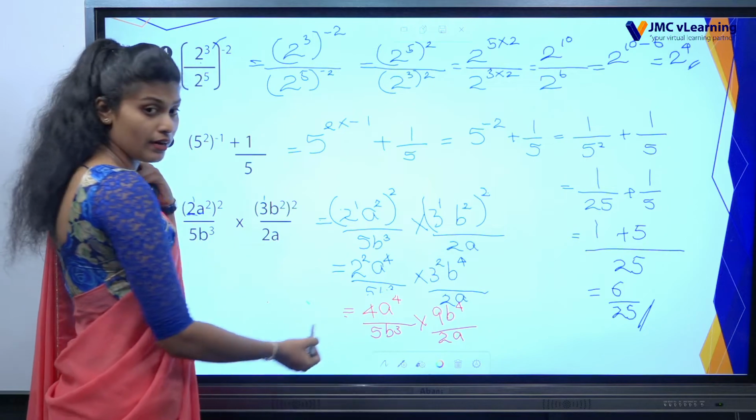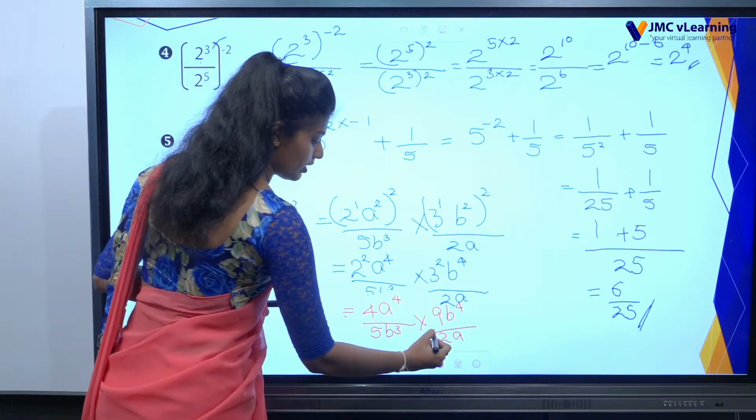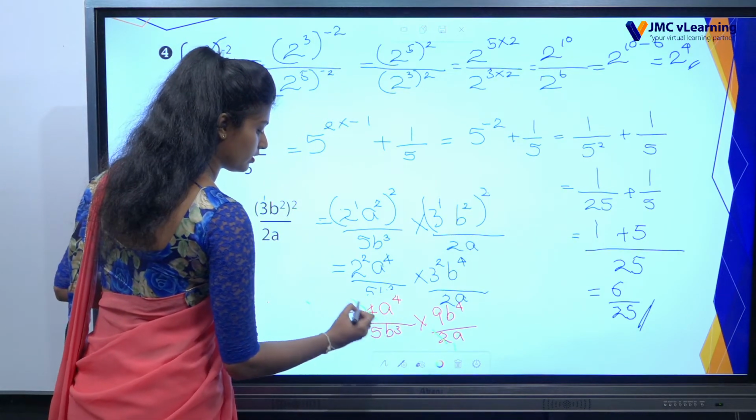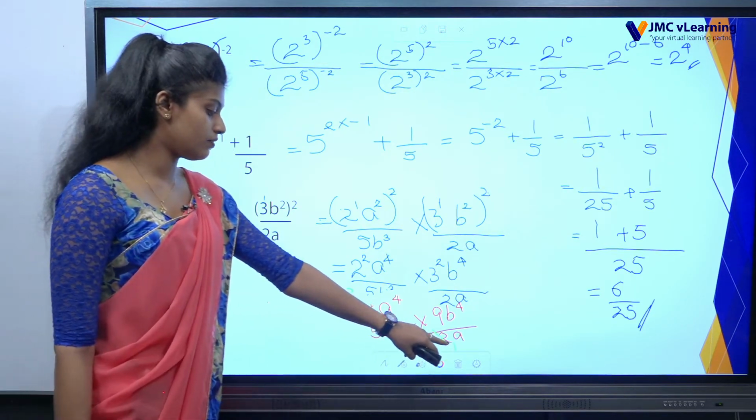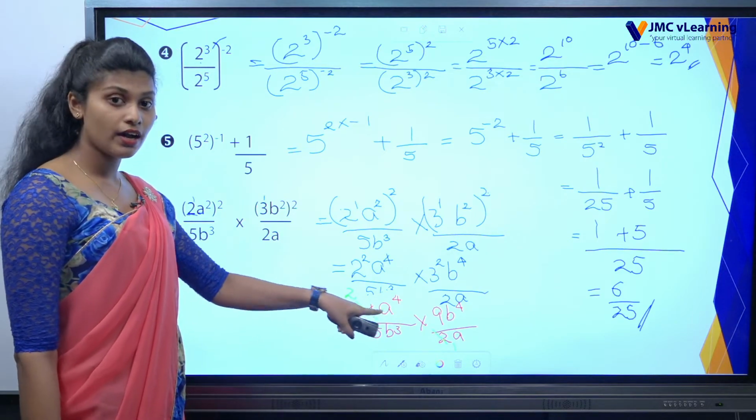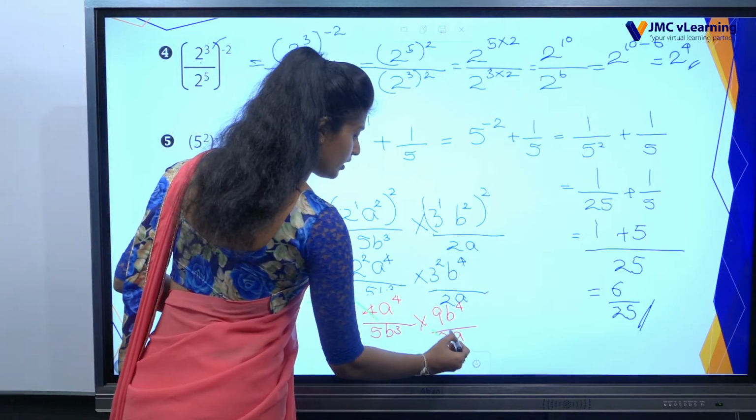This 2 and 4 you can simplify. Here only 1, 2 is there. There are 2. Then a: here only 1 a is there, here there are 4 a's. Then cut only 1 a.